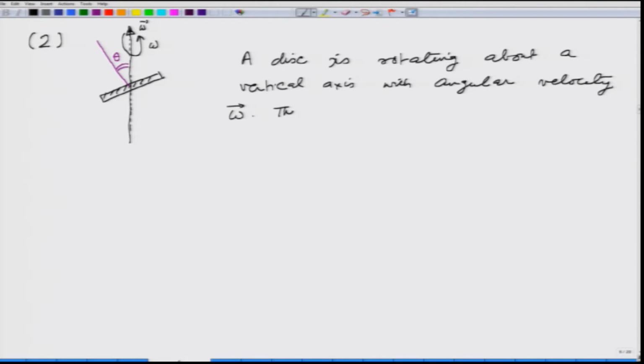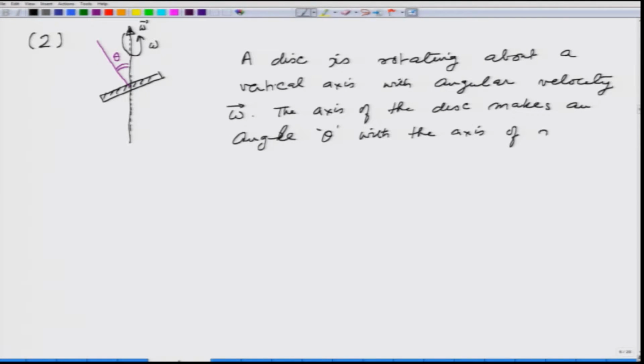The axis of the disc makes an angle theta with the axis of rotation.